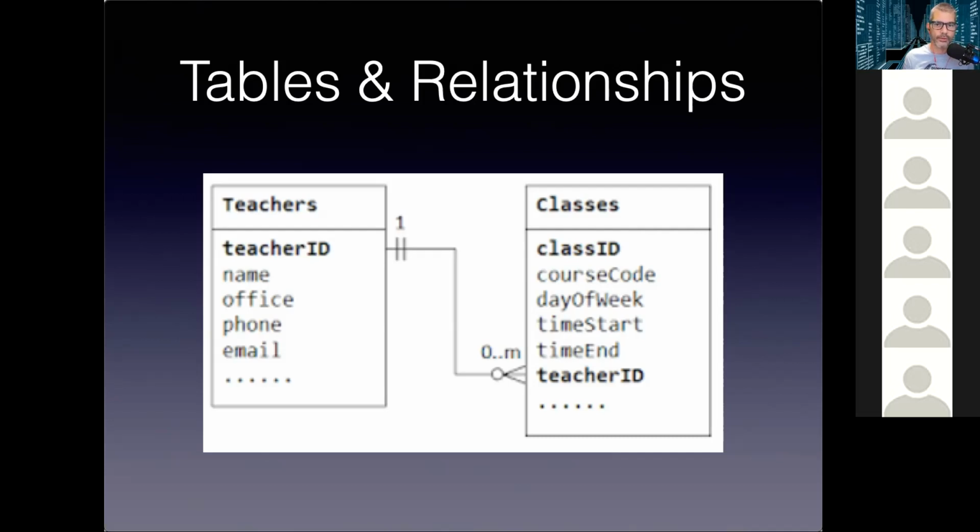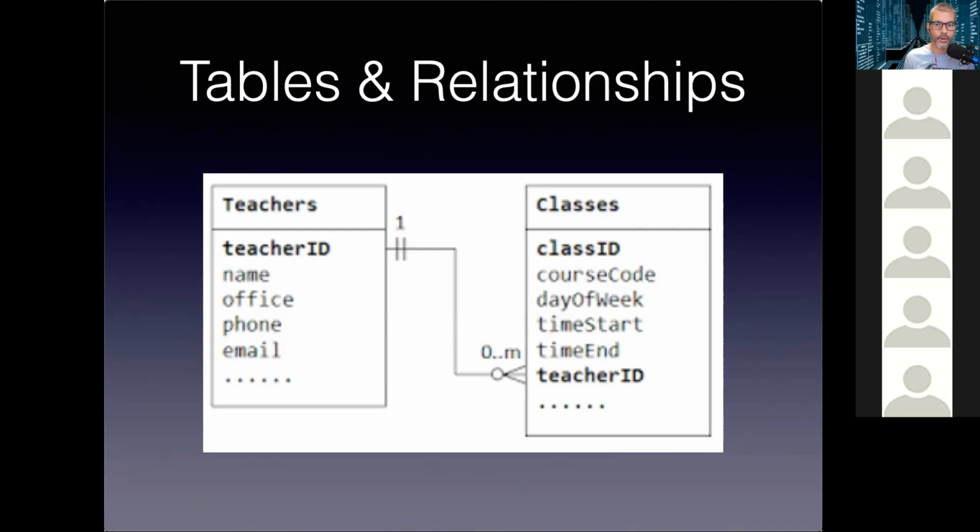So we know that a teacher ID, no matter where it is in our database, references one and only one teacher. But in the classes table, we can have many instances of the teacher ID because one teacher could teach many classes, or they might have the semester off and teach 0 classes. So there is no requirement that a particular teacher ID will be present in the classes table.